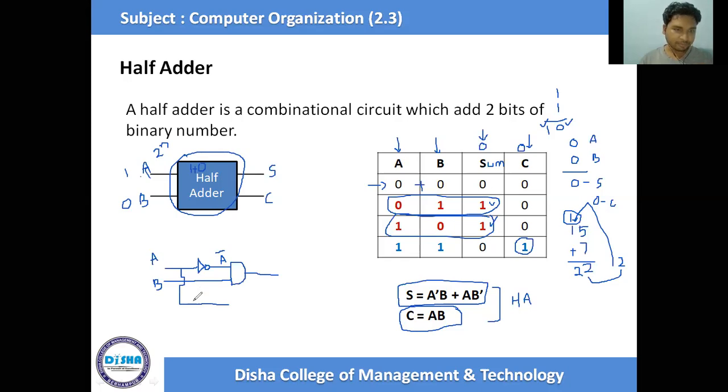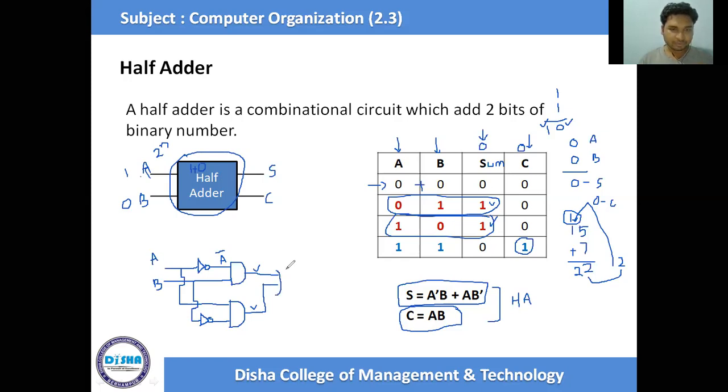I have to connect a NOT gate with the B, and both perform the AND operation. After that I will get A naught B in this case, and A B naught in this case, and after that we have to do the OR operation.